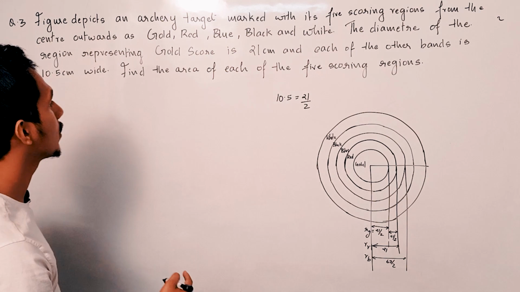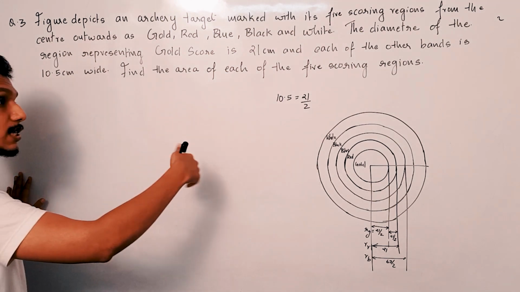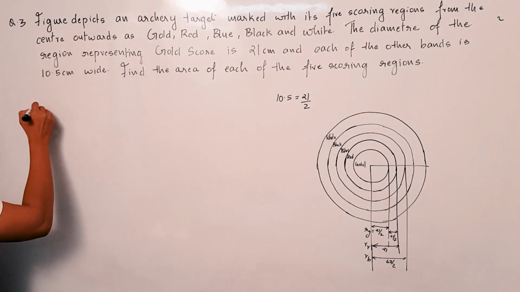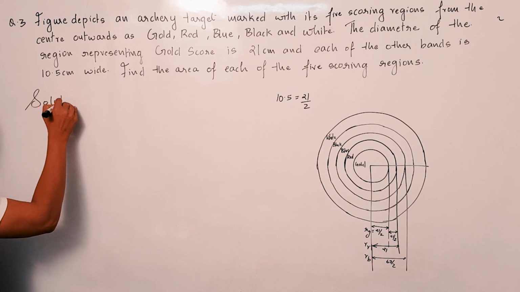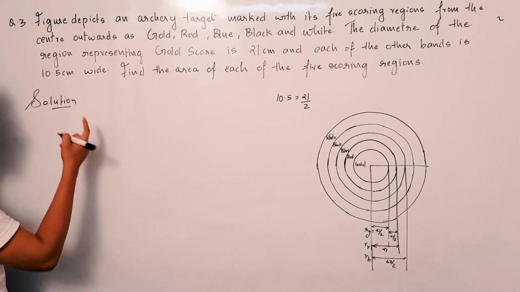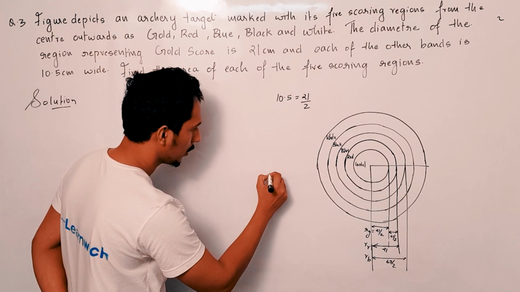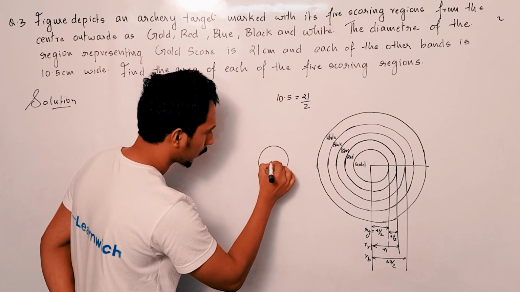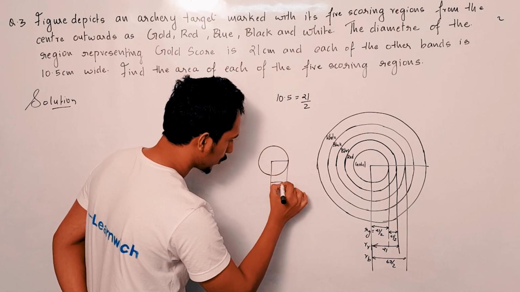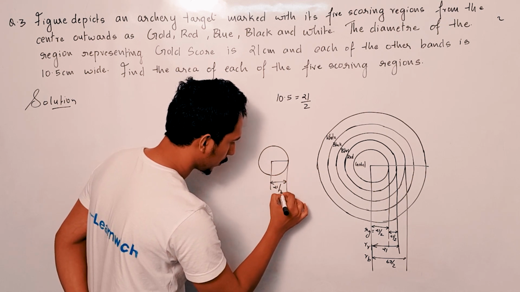Now the question is, find the area of each of the 5 scoring regions. Let's start with gold. What is the shape of gold region? It's a circular region, no? Gold is a circular region on the inside with RG as 21 by 2.